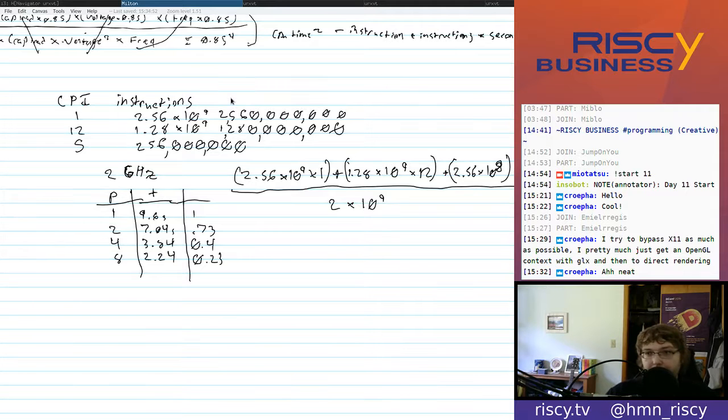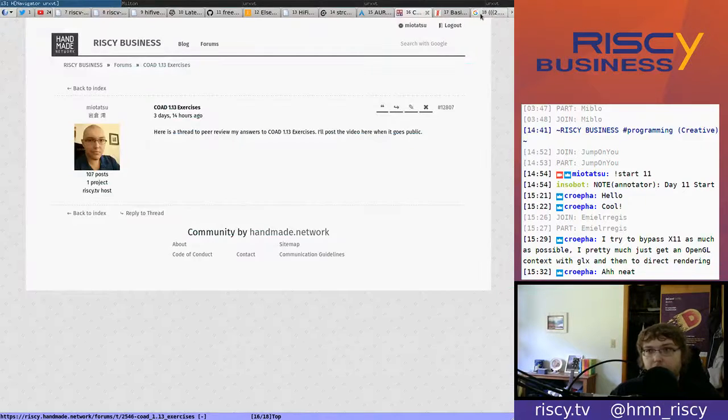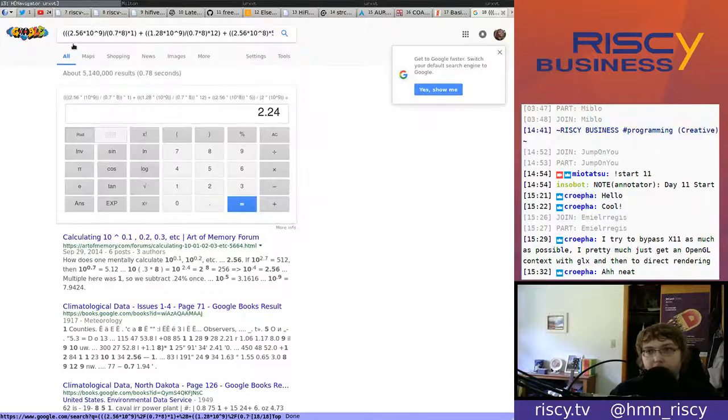So it's a good thing I left that equation open in Google, because now I can just change the CPI and we'll see the answer. So let me see here. The CPI is this times 1, so we're going to double it. So there's a CPI of 2.